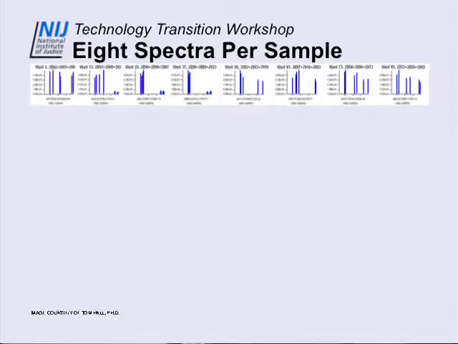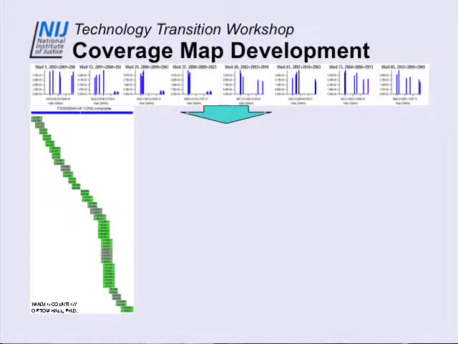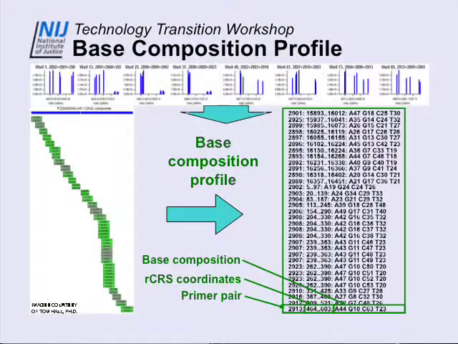Each sample is split up into 8 wells, and each of those has 3 PCR primers in it. Reaction 1 is here, here, and here, reaction 2 is here, here, and here, and it fills up a map. That map corresponds to a list of base compositions. The information shown here is a primer pair, which is just for bookkeeping.